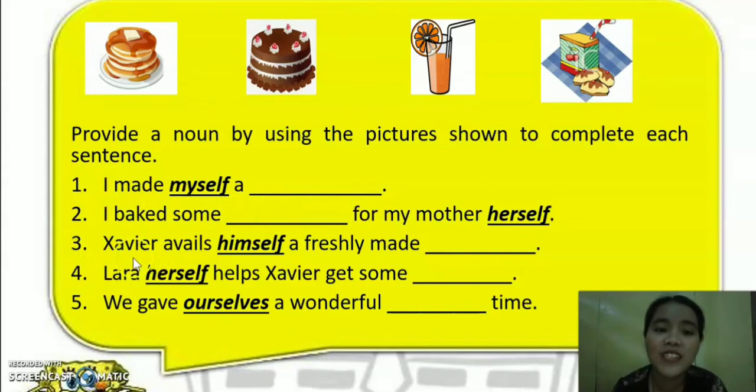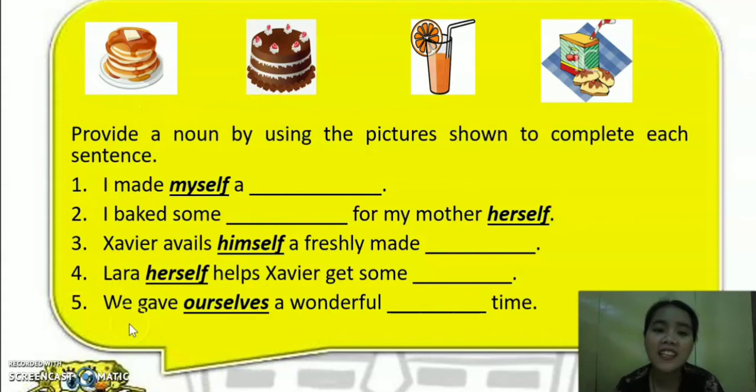Third sentence, Xavier avails himself a freshly made blank. So what noun do you want to put here from the 4 pictures? Fourth sentence, Lara herself helped Xavier get some blank. So what did they get? Choose from the nouns of the pictures here.